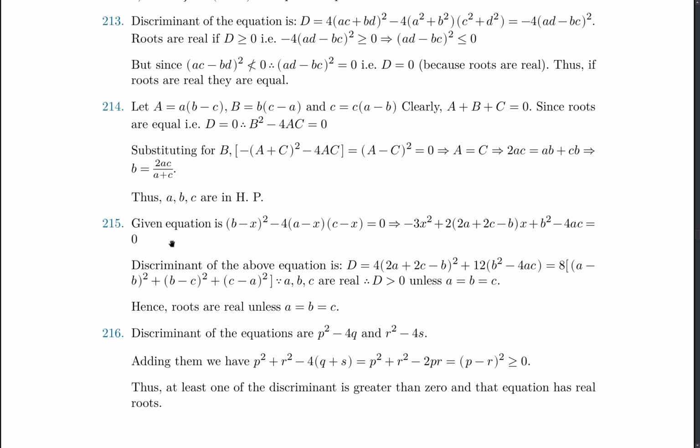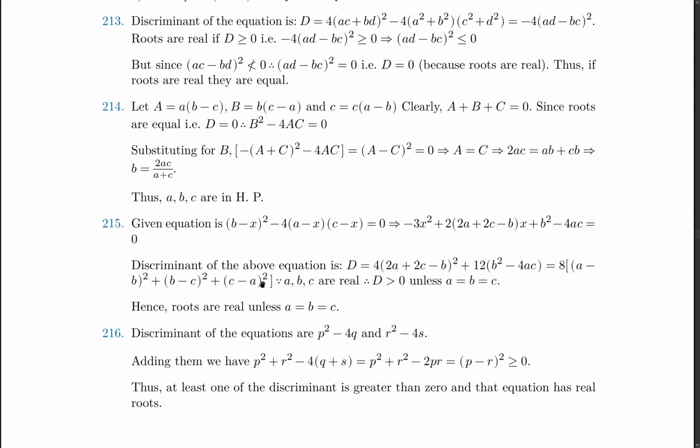Now we compute the discriminant of this. We arrive at, it's a simple manipulation, 8 into A minus B whole square plus B minus C whole square plus C minus A whole square. Now A, B, C are real, so D has to be greater than or equal to 0, okay?